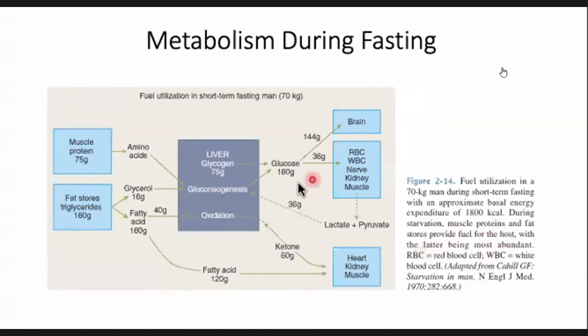So during starvation, muscle proteins and fat stores provide fuel for the host. Muscle proteins are converted to amino acids, which are then used for gluconeogenesis, as well as glycerol and fatty acids from your fat stores and triglycerides.